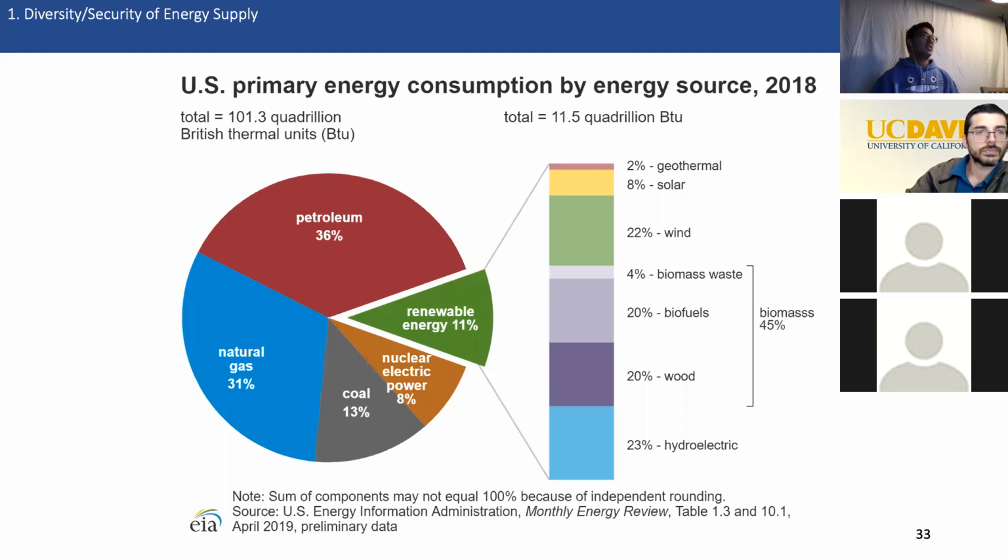So if we look at the primary energy consumption of the US today, you can see what it looks like in 2018. Natural gas and petroleum account for about two-thirds of the primary energy.